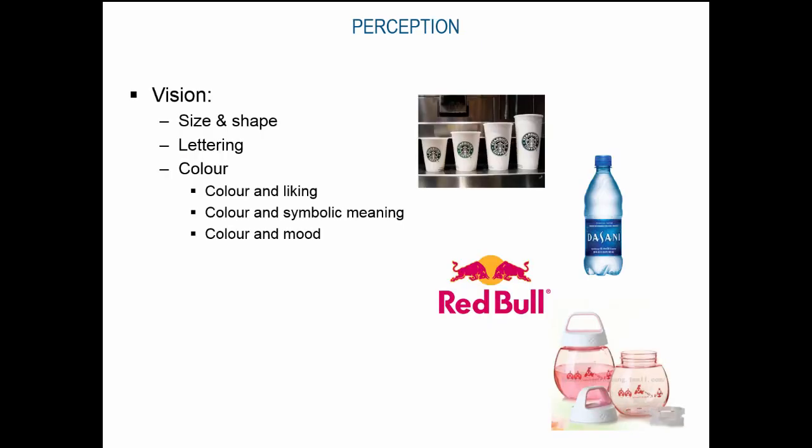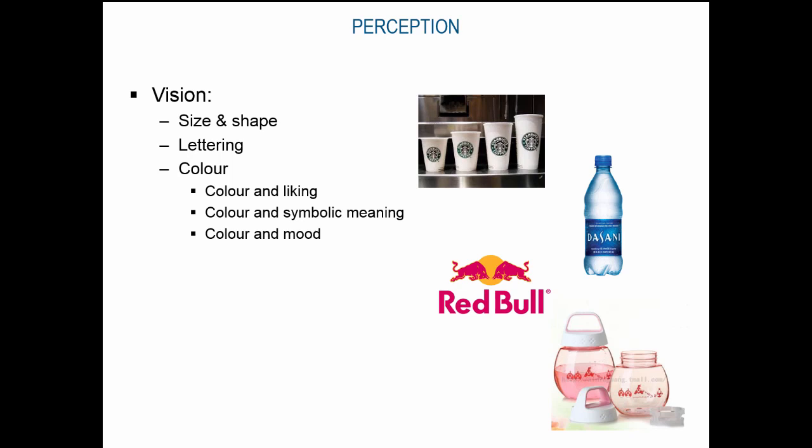We said that we perceive through our 5 senses. Now let's look at some interesting properties of each of these senses. For example, our visual perception of the size and shape of a coffee cup helps us judge how much coffee is in the cup and how much we should drink.